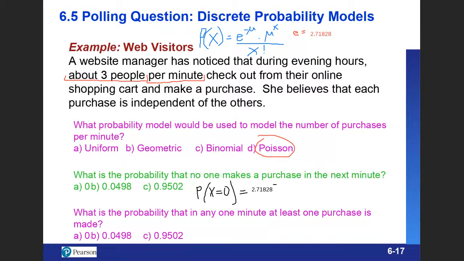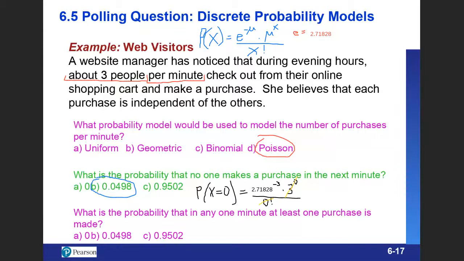Okay, so we know about 3 people times 3 raised to the power X, which is 0, divided by 0 factorial. So 3 raised to the power 0 is 1, 0 factorial is 1, so I'm left with 1 over 2.71828 raised to the power 3. And yes, that answer is then B.